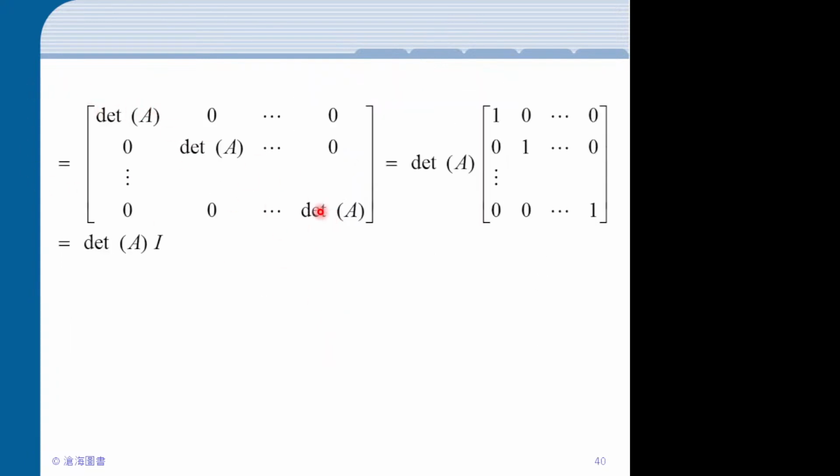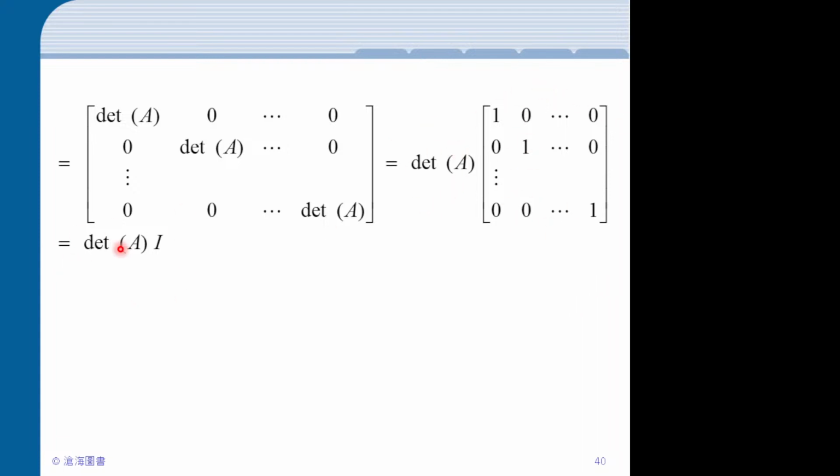So we have a diagonal matrix with the determinant of A everywhere. Then we can take out all those delta A because this is scalar multiplication. So this is just the determinant of A times your identity matrix.